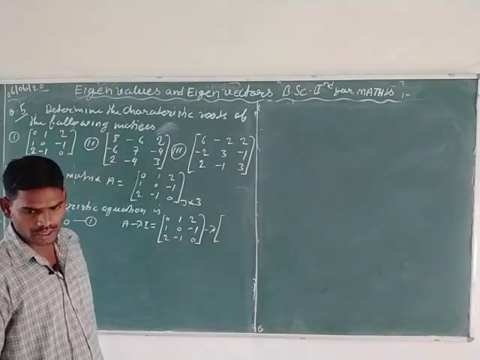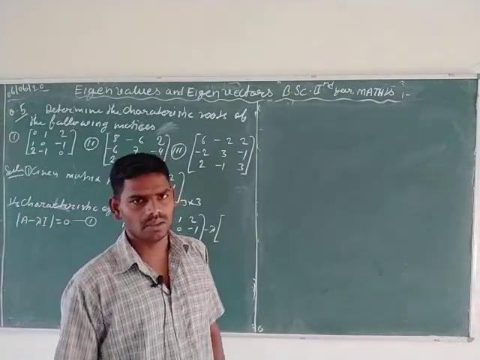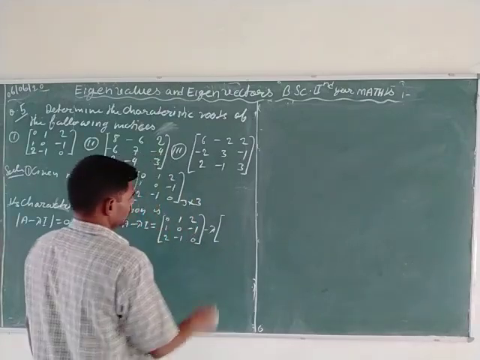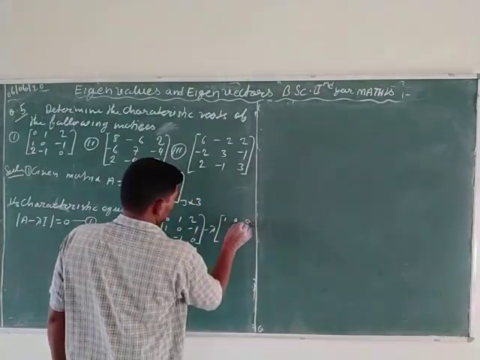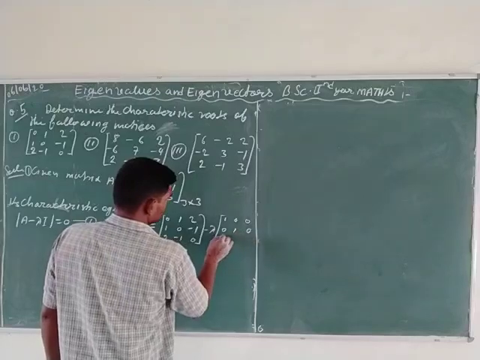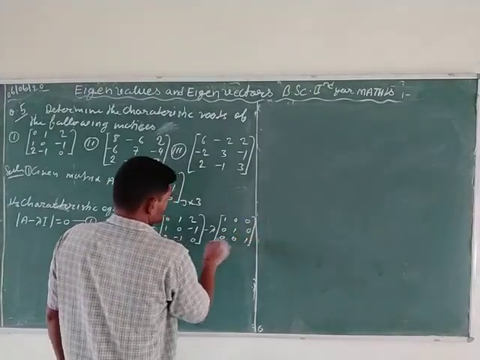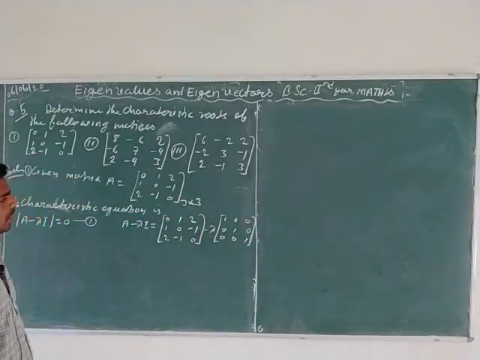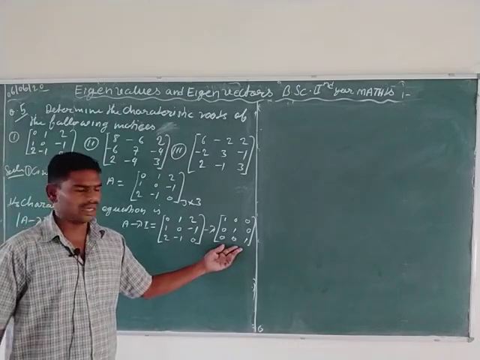You know that the identity matrix of 3 by 3 order is 1 0 0, 0 1 0, 0 0 1. Multiply lambda by each element of the identity matrix.